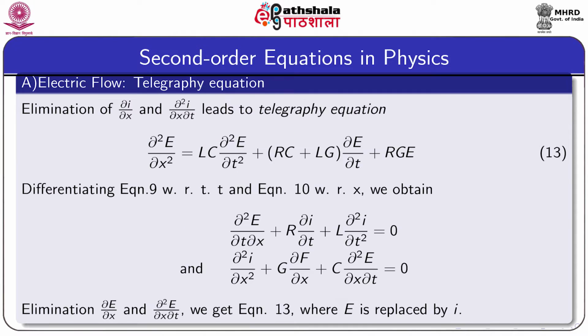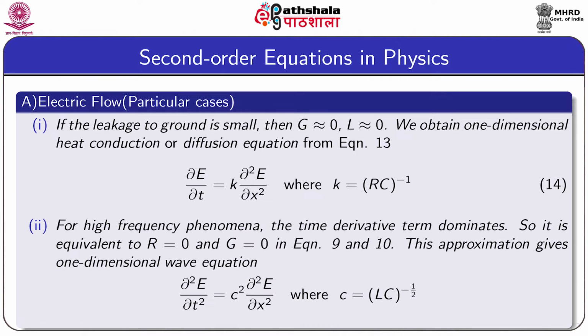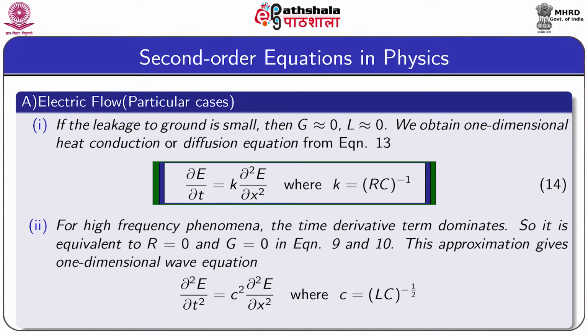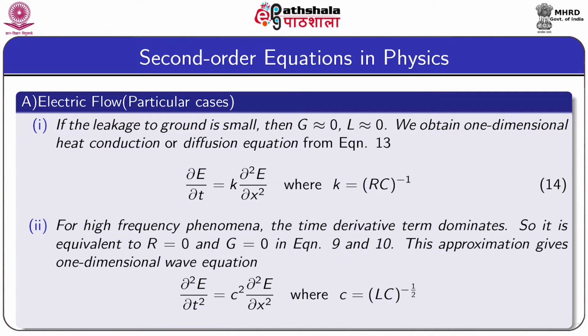If we put G equals 0 and L equals 0 in equation number 13, one can see that 13 reduces to del E del t equals k del 2E del x square, where k equals R C to the power minus 1. This equation is also called the telegraphy equation, but it is mostly known as the heat conduction equation or diffusion equation in one dimension.